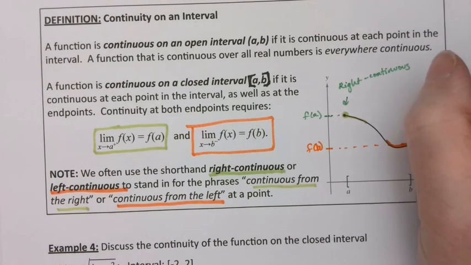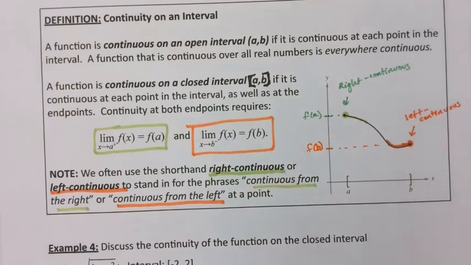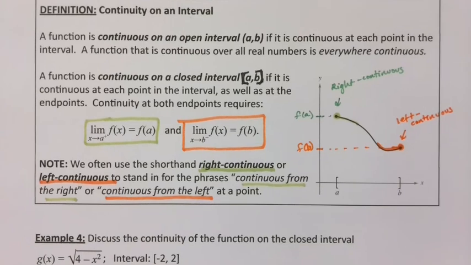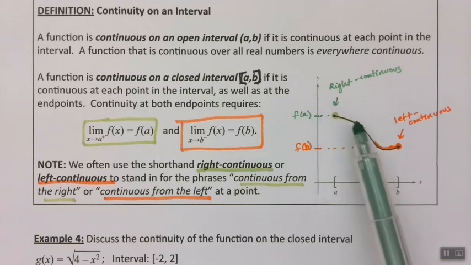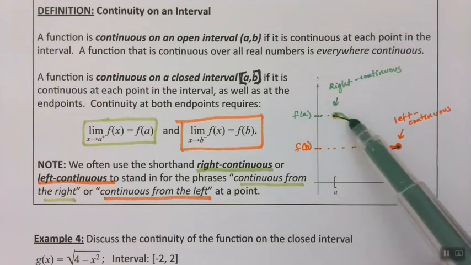And this over here is left continuous because it's continuous from the left. So don't confuse the graph, the fact that this is on the left, with the continuity. It's continuous from the right because you can approach it from the right.